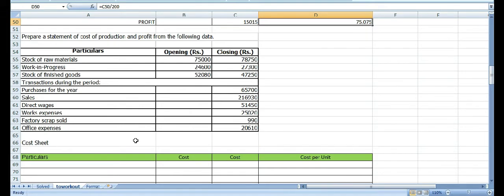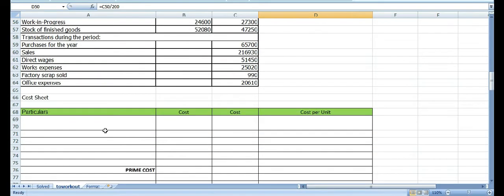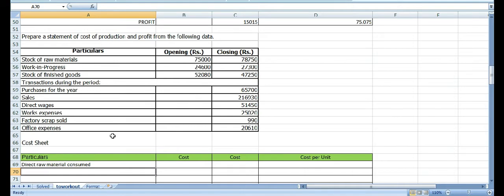First we have to prepare the cost sheet. The cost sheet will consist of direct material, direct wages and direct expenses. Here we have to calculate the direct raw material consumed initially. As per the format, the first item is stock of raw material opening.